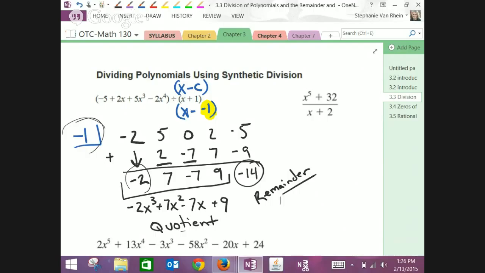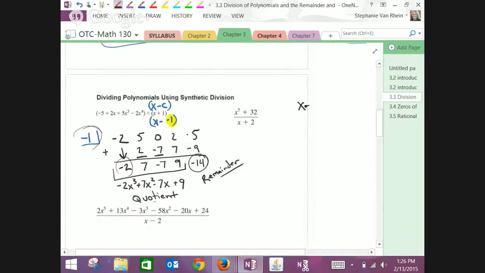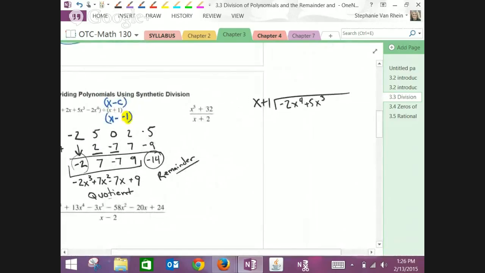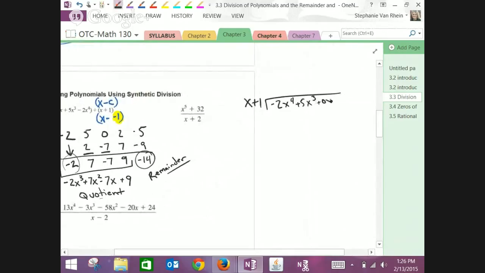If we went over here and did long division and I have x plus 1 and I have minus 2x to the 4th plus 5x cubed plus 0x squared plus 2x minus 5, I'd say what do I need to multiply by this? Minus 2x cubed. I'd have minus 2x to the 4th minus 2x cubed. Subtract that.